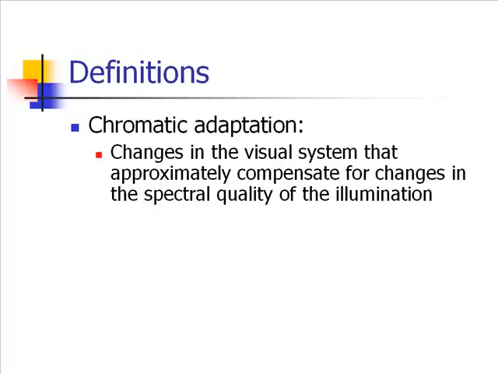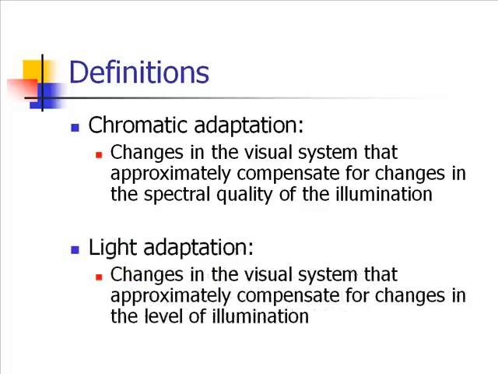And then light adaptation: changes in the visual system that approximately compensate for changes in the level of illumination. So as the light goes up or down, if it does it slowly, we'll perceive the object the same way as it was when the light was lighter. We just kind of compensate for that.